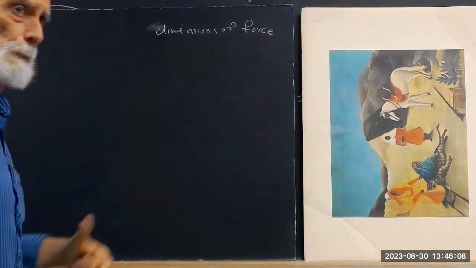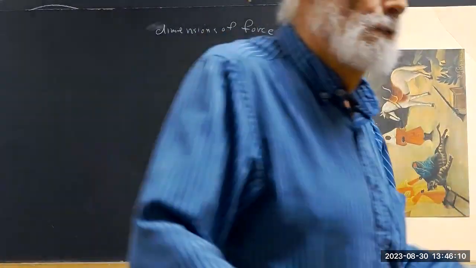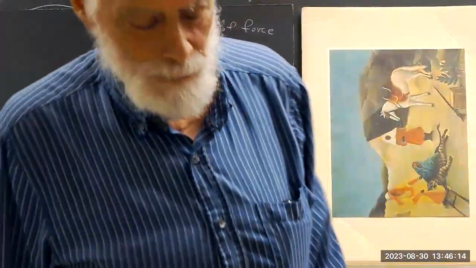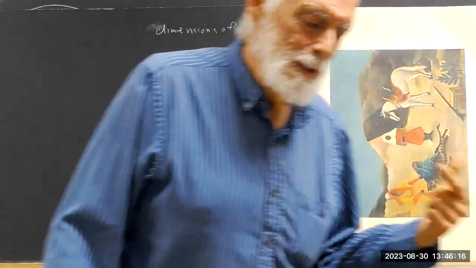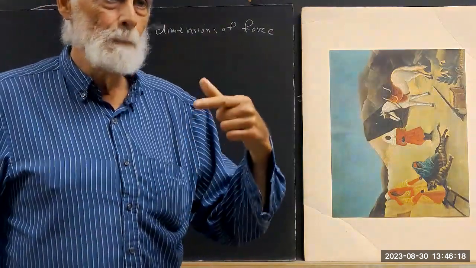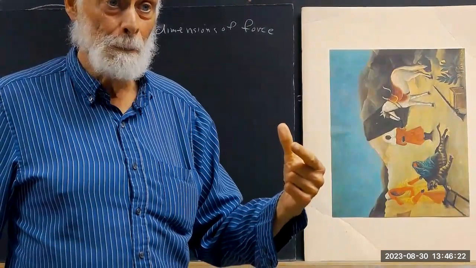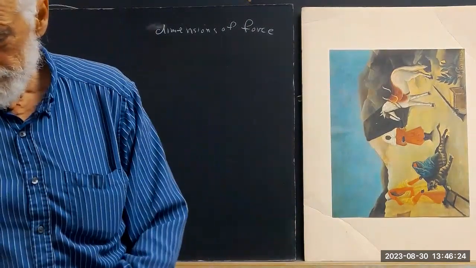Now, the units can be in any system that's convenient to what it is you're trying to observe, any set of units where the numbers make more sense. What's the diameter of an atom?